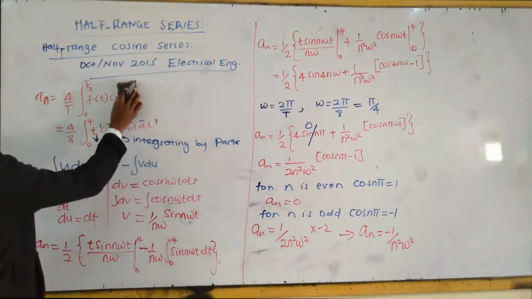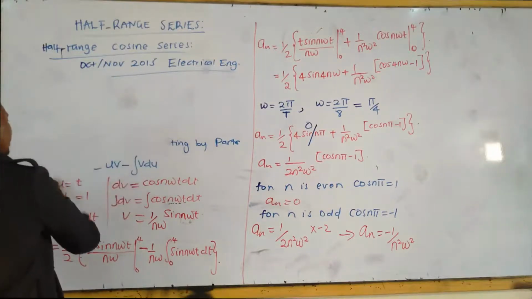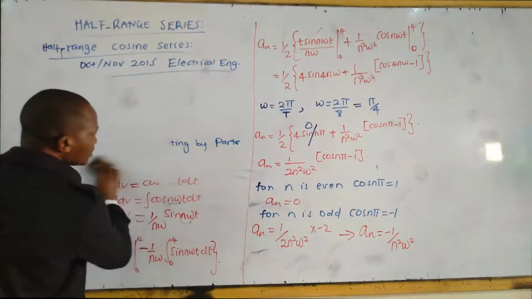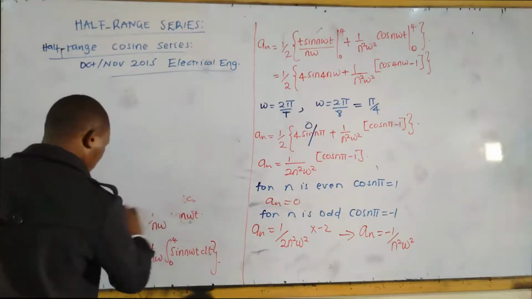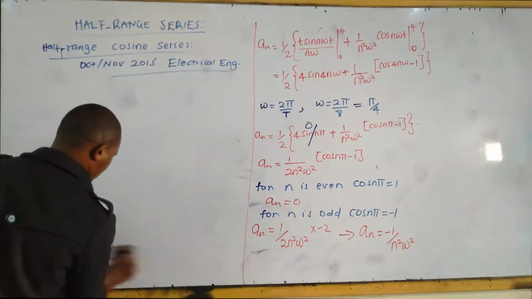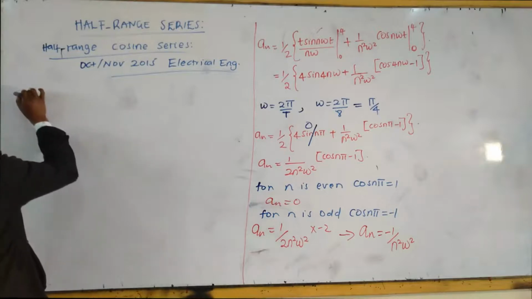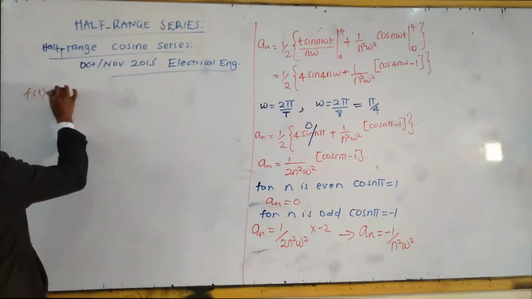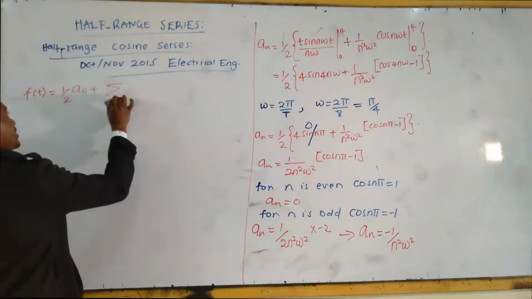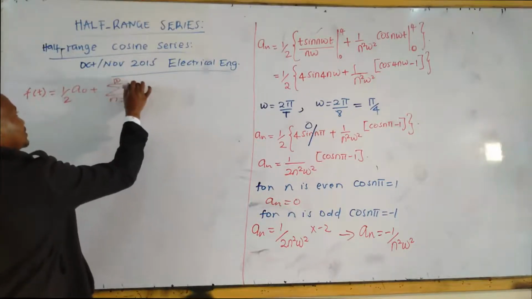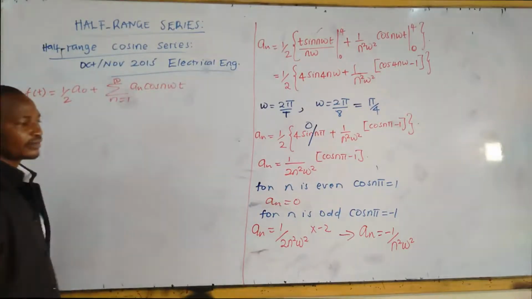Let me remove this. Now just remind ourselves, we said initially, function of t is equal to half a naught plus sum from n is equal to 1 to infinity an cos n omega t.